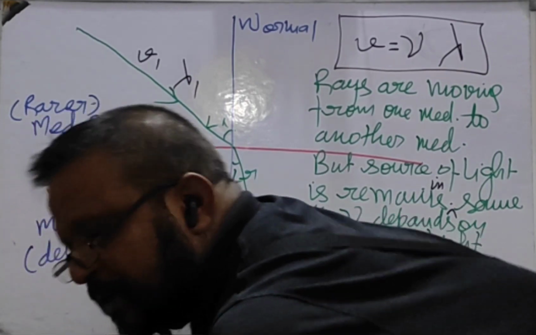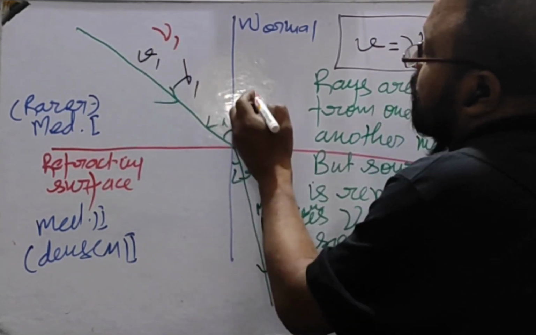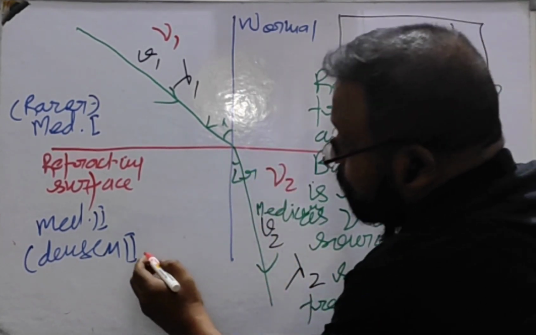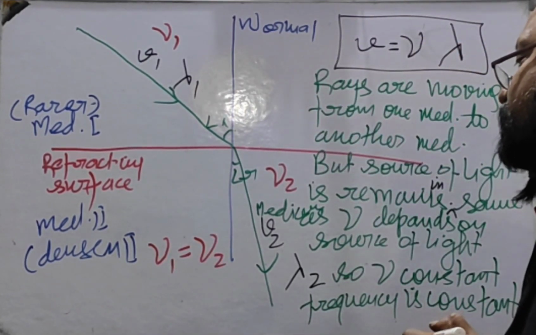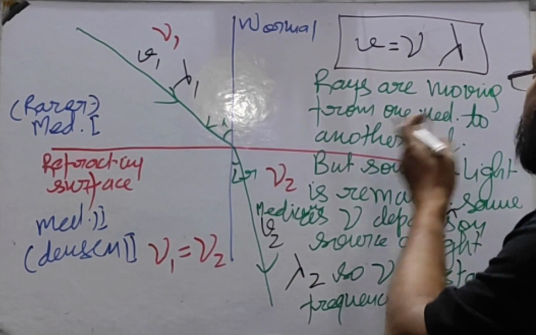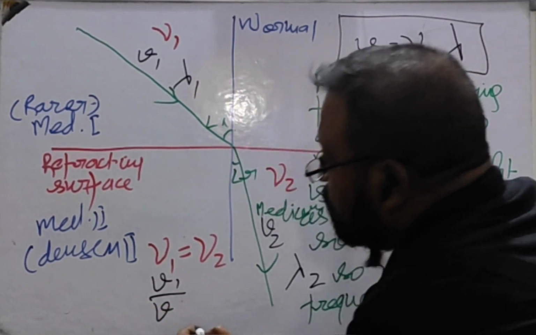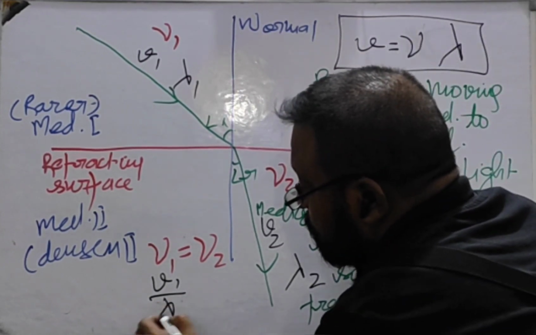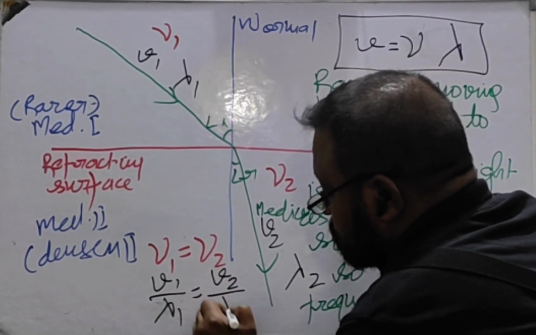Okay. If I say here is nu one, here is nu two, then nu one is equal to nu two. So you can write v1 upon lambda 1 is equal to v2 upon lambda 2.